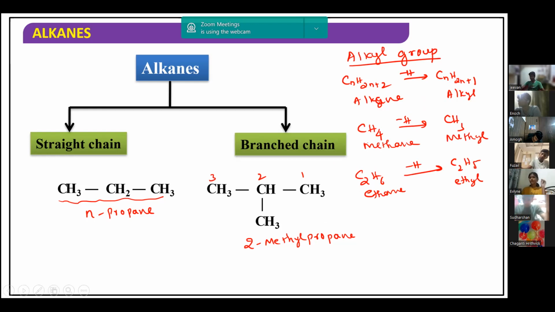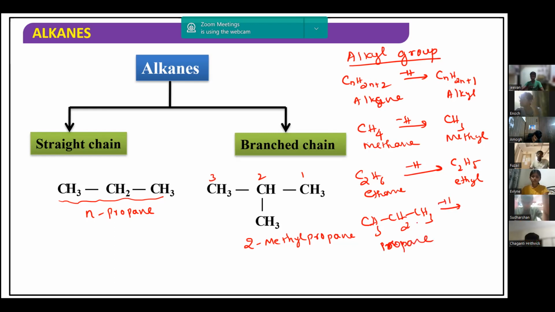Like this, alkyl groups. Now, if I take CH3, CH2, CH3, this is n-propane or propane. If you remove a hydrogen, the question arises. Let me number the carbon atoms as 1, 2, and 3.